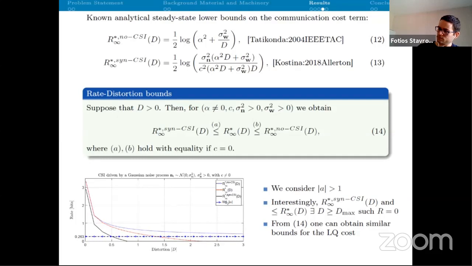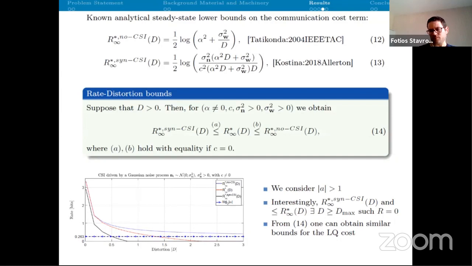All three bounds coincide if the coefficient in the realization of the causal side deformation is set to be equal to 0. At the bottom of this slide, we give a numerical experiment to show the relation between these three bounds for an unstable process.